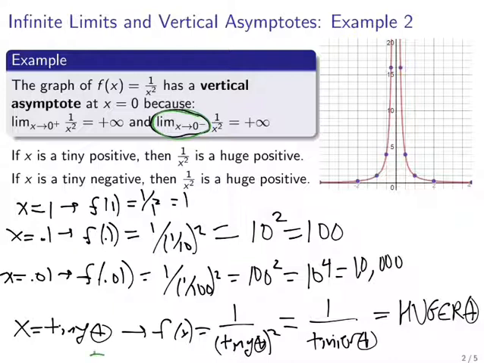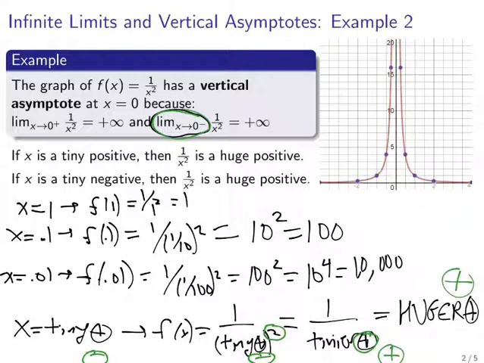If I had a tiny negative instead, f of x would be 1 over that tiny negative all squared, and that would make it a tinier number in value, and the fact that it's squared is going to make it so that I do end up with a positive. Even when I plug in a negative input, I'm still going to end up with a positive output, and that's why I see this curve approaching positive infinity up that way.